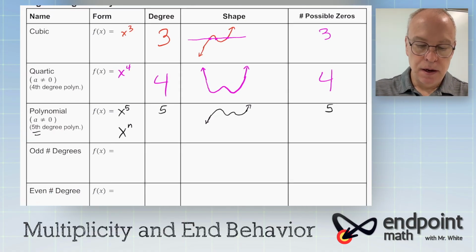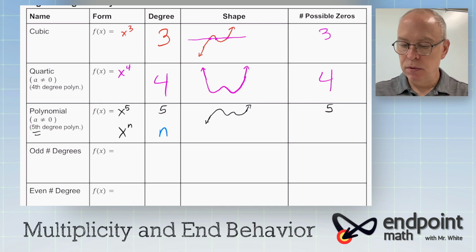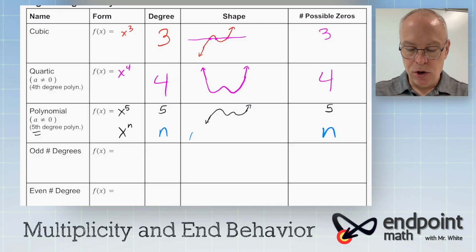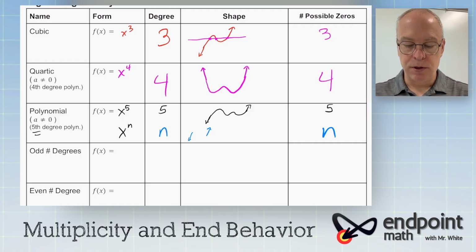And then a degree n polynomial could have possible zeros, n. Now, these could look like this in the end behavior with some extra stuff in the middle, or they could look like this on the ends with some extra stuff in the middle, just depending on what the exponent is.